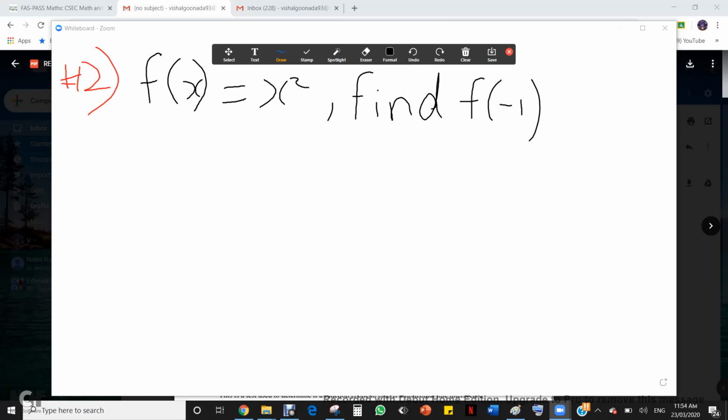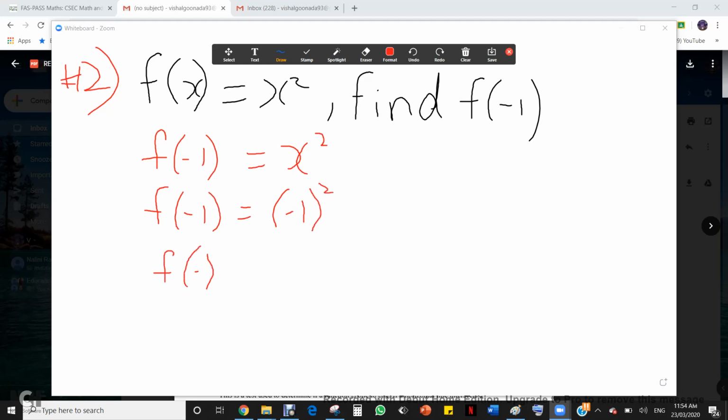Correct. So let's see how we got that. We want to find f of negative 1. So f of negative 1 is equal to negative 1 squared. And of course, negative 1 squared is the same as negative 1 times negative 1, which is positive 1. Understood?